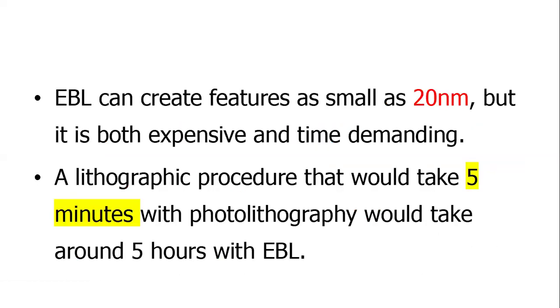Electron beam lithography can create features as small as 20 nanometers, but it is both expensive and time demanding. A lithographic procedure that would take 5 minutes with photolithography would take around 5 hours with electron beam lithography.